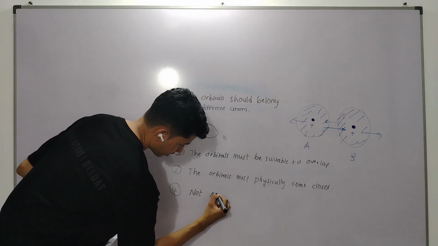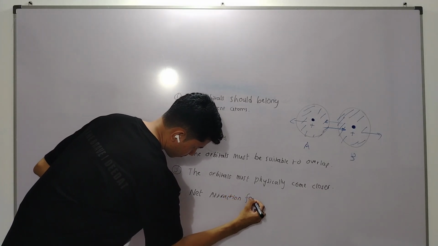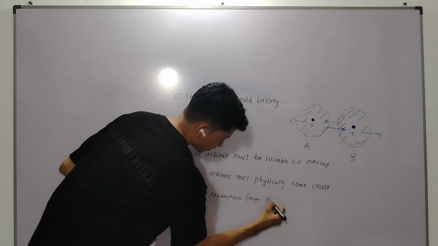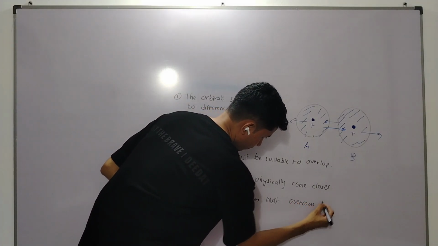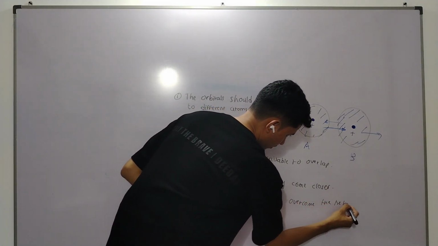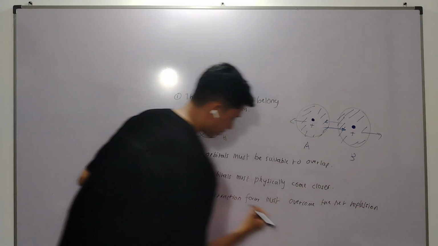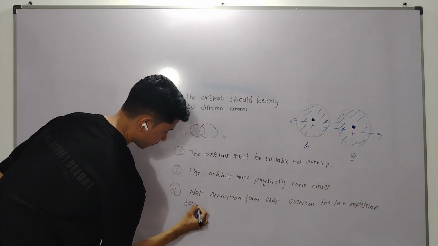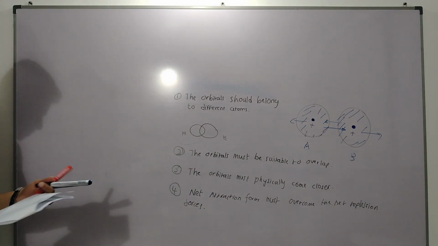Net attraction forces must overcome the net repulsion forces. So you can write this down.